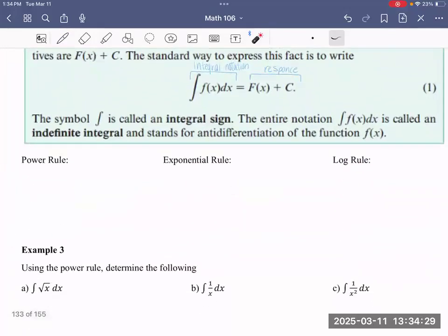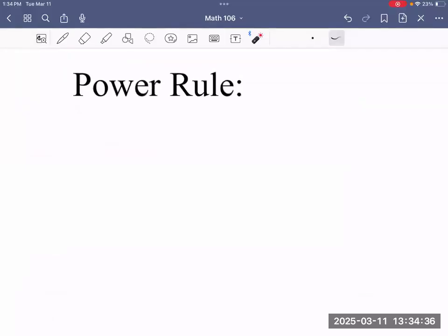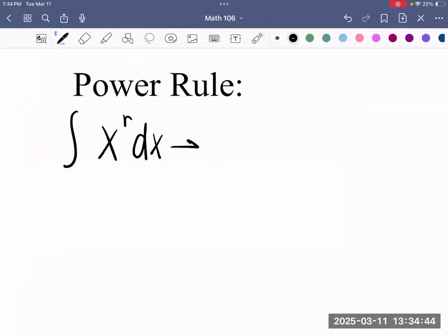So if we were to go with the reverse of your power, exponential, and logarithmic rule, right? Well, your power rule that we've been working with from that last page, we had x to the r dx. What did we do, right? We said step 1 was to add +1 to the exponent.